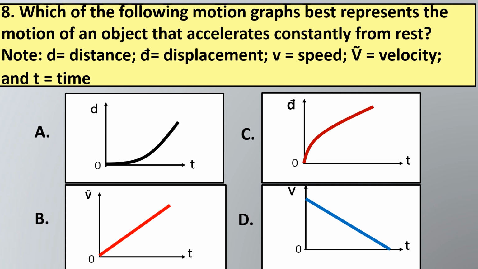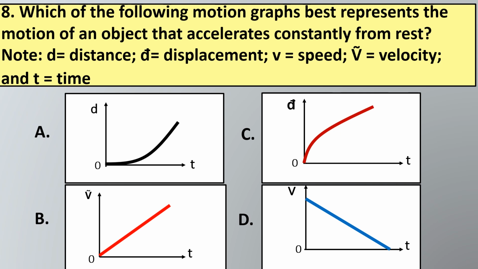So look, initially at time zero, the velocity is zero. And as time passes, the magnitude of the velocity is increasing constantly. The way the magnitude of velocity changes is in a constant manner. The steepness of the graph doesn't seem to change.